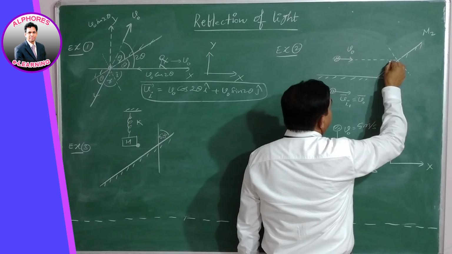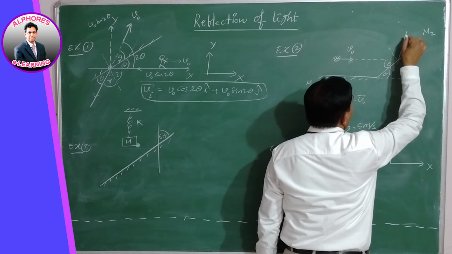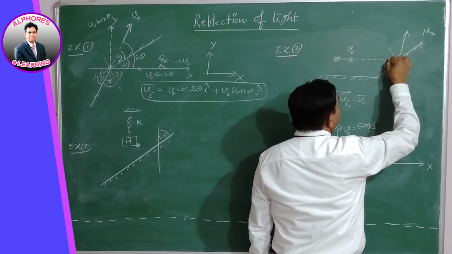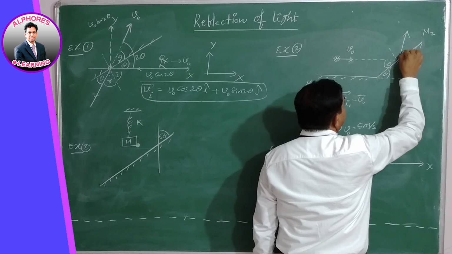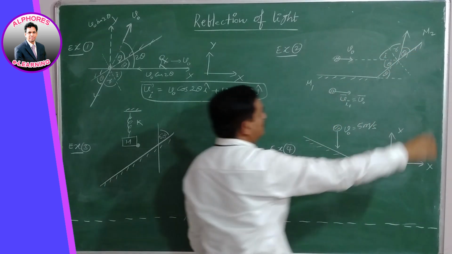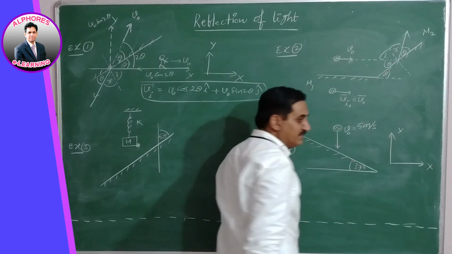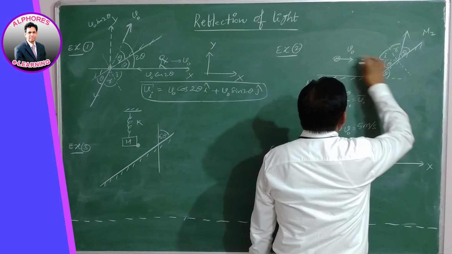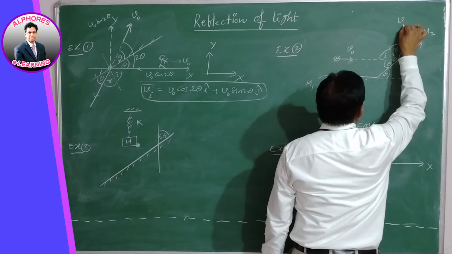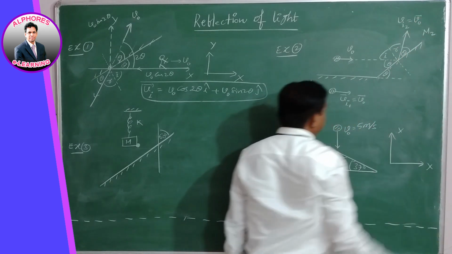This is theta, this is also theta. Now it undergoes reflection. This is theta, and this is 90 minus theta, this is 90 minus theta, this is also theta, the glancing angle. This is the angle of incidence, this is the angle of reflection. Now the glancing angle here is theta, this is also glancing angle theta. So what is the speed here? V0, object speed V0, corresponding image speed in the second mirror is also V0.